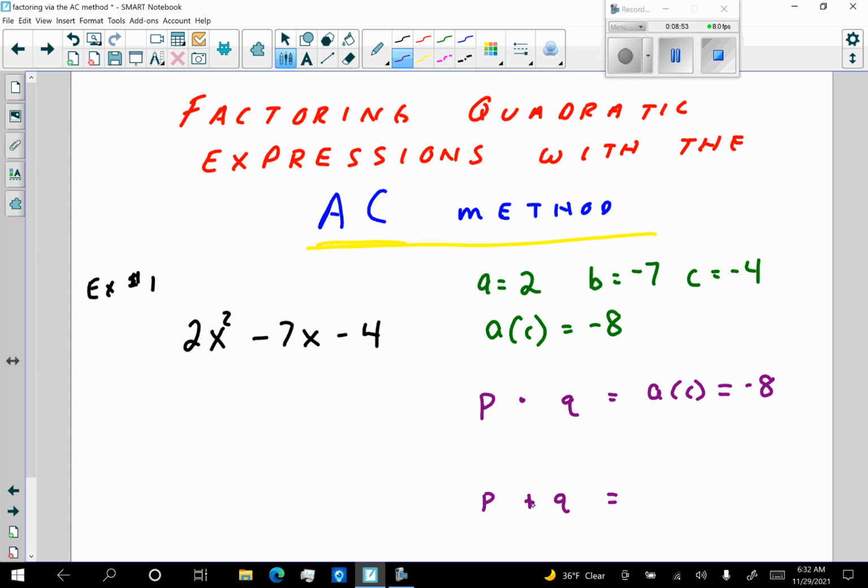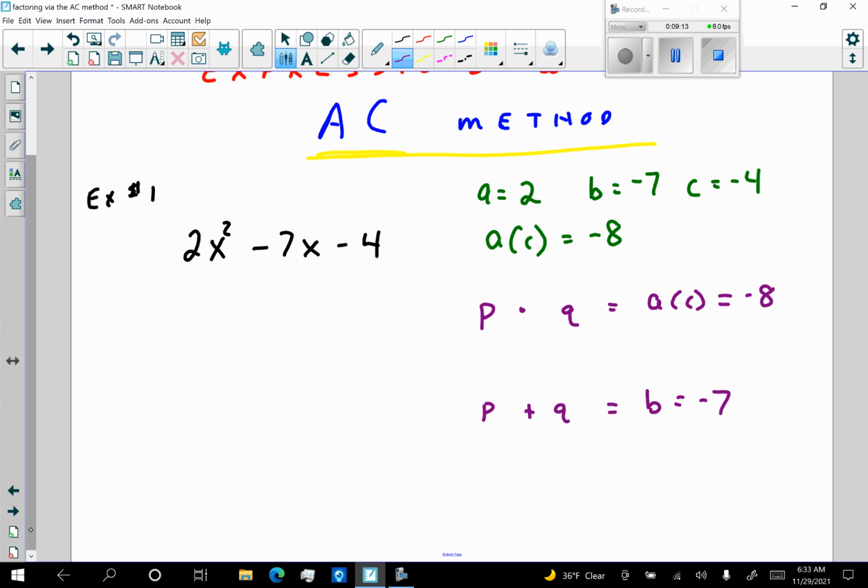I want those same two numbers to add together to equal B, which in our case is negative 7. So I need to find two numbers that multiply together to equal AC, and the same two numbers add together to negative 7. This is a fairly easy thing to teach because it's pretty straightforward. So here what do I want? I want P times Q to equal negative 8, and I want P plus Q to equal negative 7.